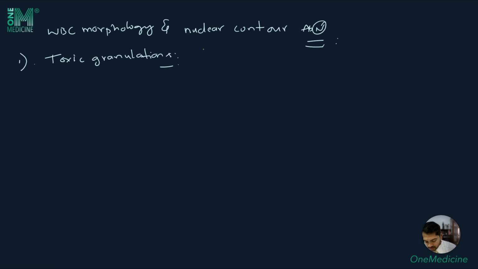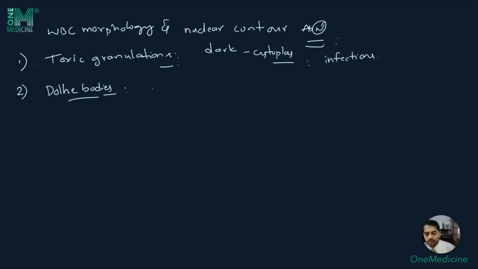Toxic granulations are dark cytoplasmic granulations seen in bacterial infections. The second type is Döhle bodies. These are classically seen in Chediak-Higashi syndrome, but they can also be seen in bacterial infections.